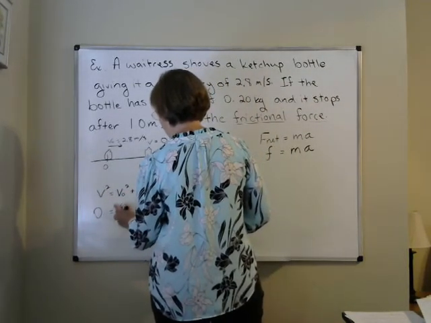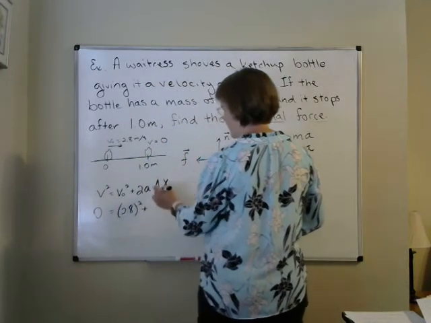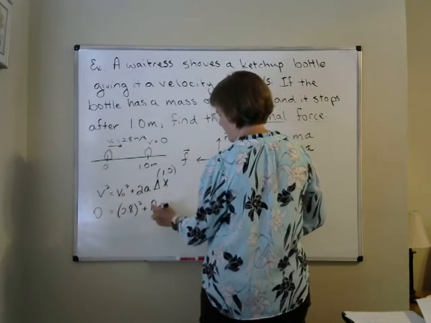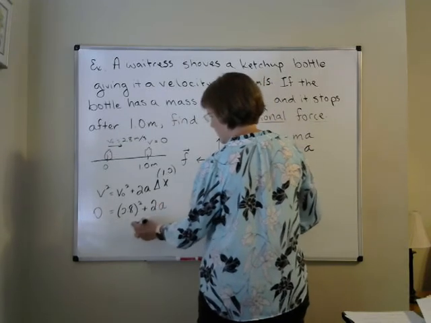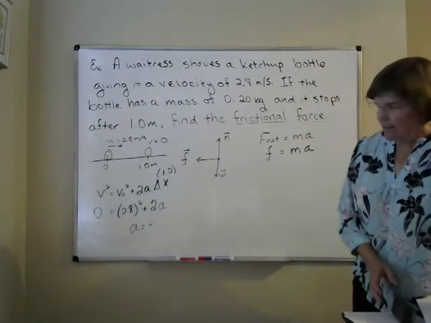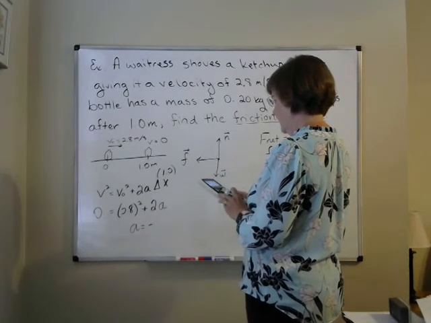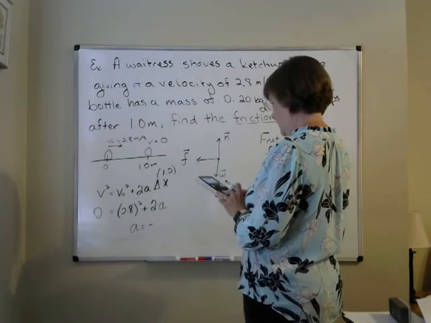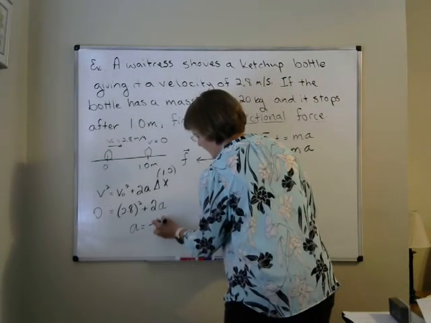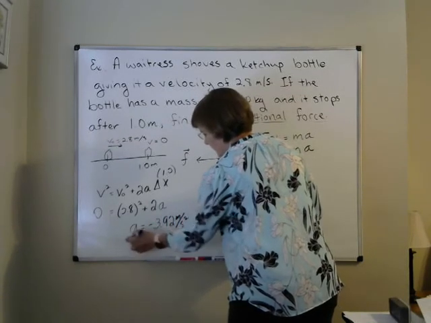So this is 2.8 squared plus the displacement, that's 1 meter, so I just get plus 2a. When I solve for a, it's going to be negative. Let me put that in my calculator. 2.8 squared divided by 2, 3.92, negative 3.92 meters per second squared.